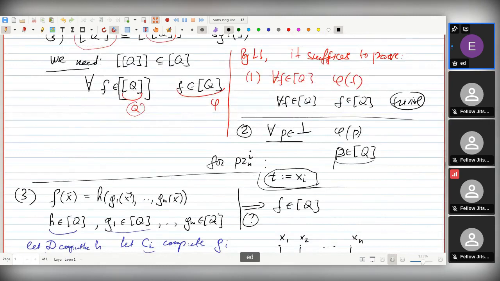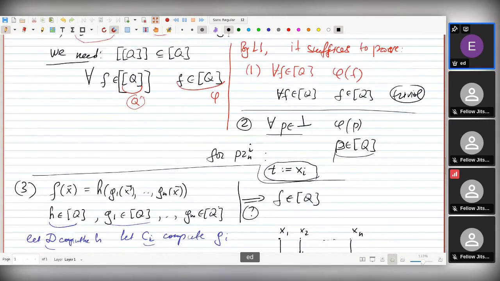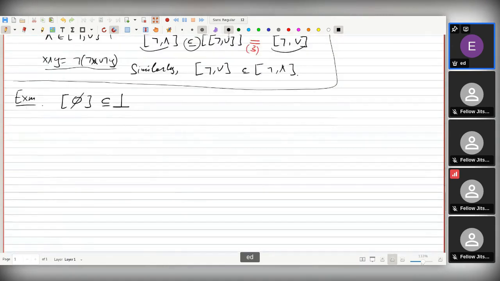It is a circuit for a projector. But you can compute nothing more other than projectors. So we shall apply our lemma 1 directly. That is, for every F, let us rephrase it. For every F which belongs to the closure of the empty set, F is a projector.